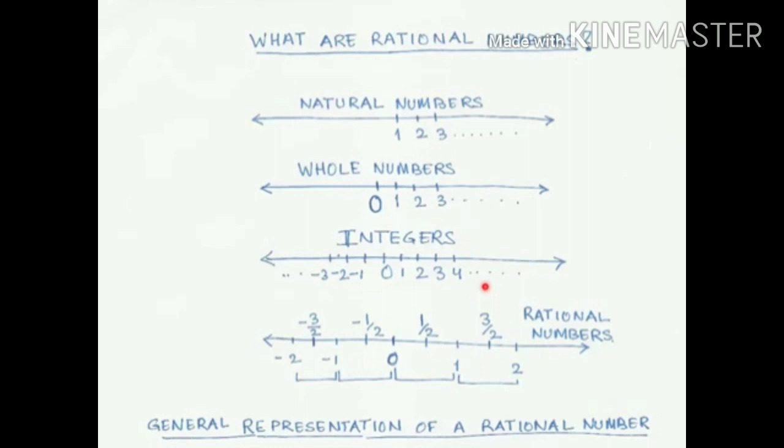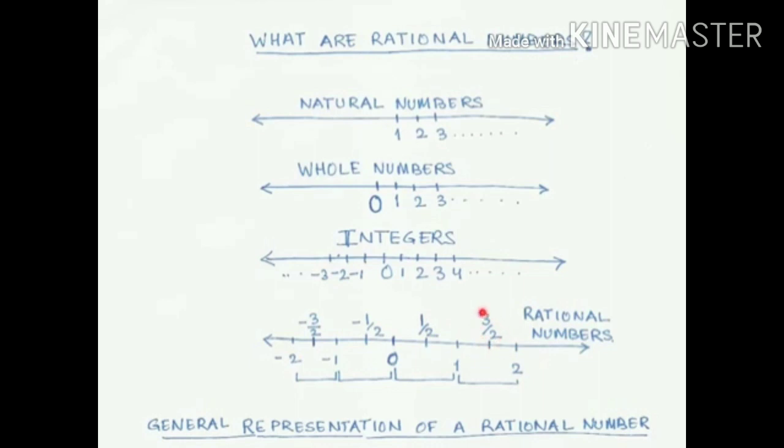Now you can see here that we have this number line where initially we had 0, 1, and 2. What we have done over here is that the distance between 0 and 1 is divided into half, and we have used the number half to represent this point on the number line. Similarly, the midway distance between 1 and 2 is represented by this number over here, 3 by 2.